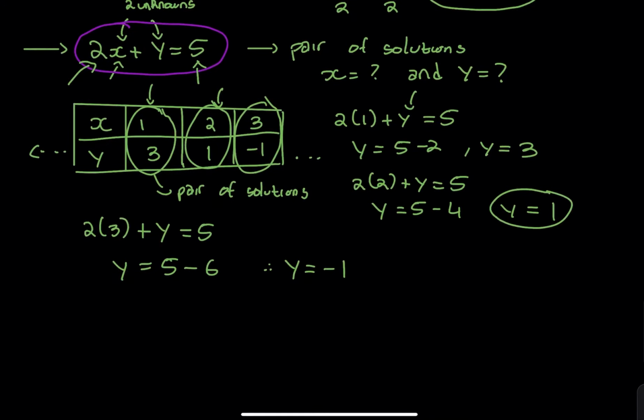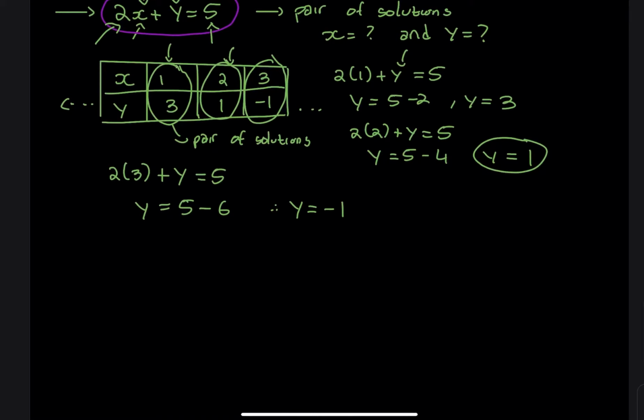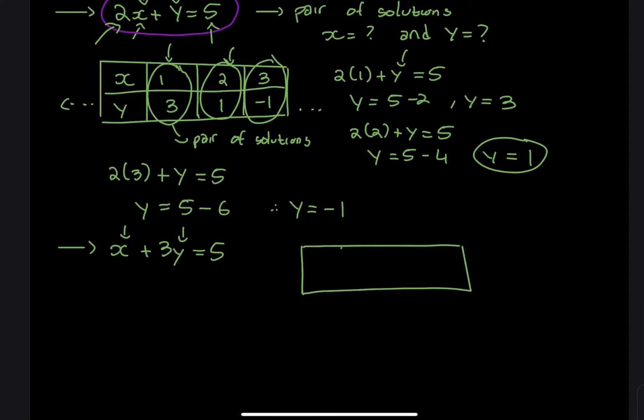Now let's look at another equation. Let's say you have x plus 3y is equal to 5. In this case, again, there are two unknowns. So let's draw our table and find just any values of x and y that will give you a specific value for y.